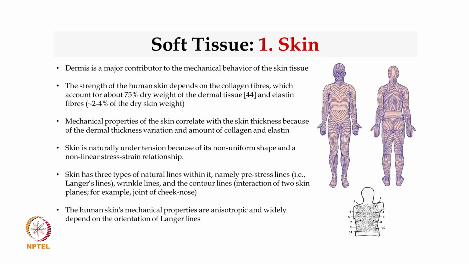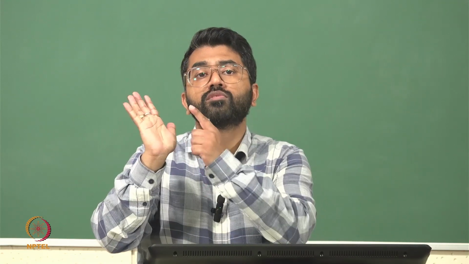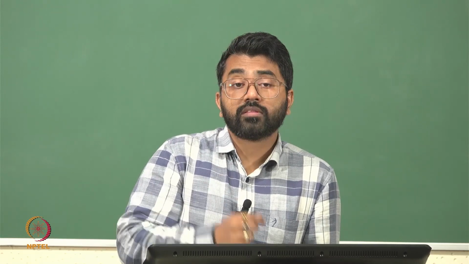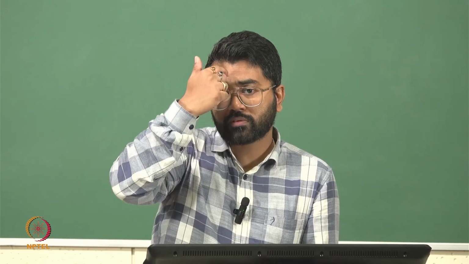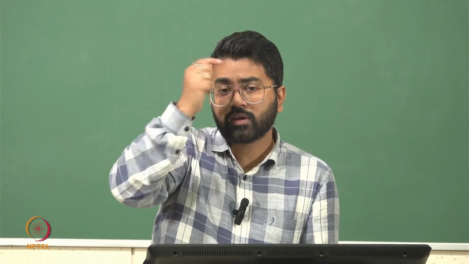So the mechanical properties of the skin correlate with the skin thickness because of the dermal thickness variation and amount of collagen and elastin. Whenever you have a thicker piece of skin, for example, if I take a piece of skin from my palms, it's going to be thicker than what I take from my forehead, because I see my skull right here, right? It could be less than a millimeter of skin.